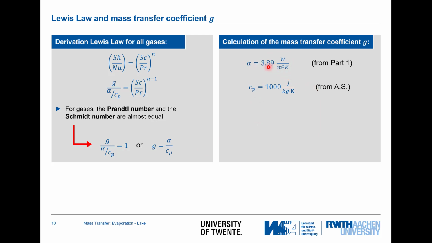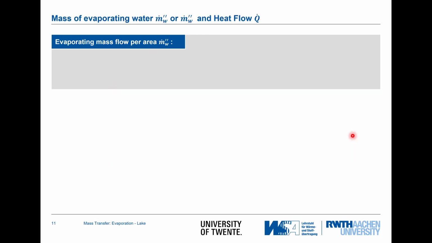here, and Cp is given even in the problem, and G as alpha divided by Cp then is roughly 4 times 10 to the minus 3 kilogram per second and meter squared, or 4 grams per second and meter squared. Now, what is then the evaporating mass flow rate?